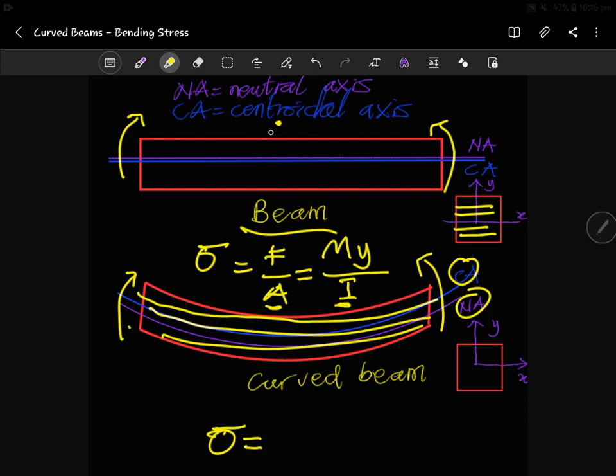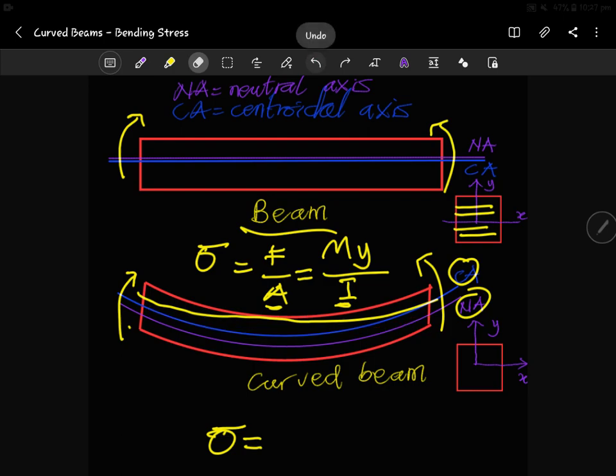If this one here is a particular radius and I pick another point on the outer part of the beam, it will be of another radius. That's why for curved beams we use the center of curvature, and we have some radius terms within the equation. It's the same thing, but the stress is defined slightly differently, with the same understanding.